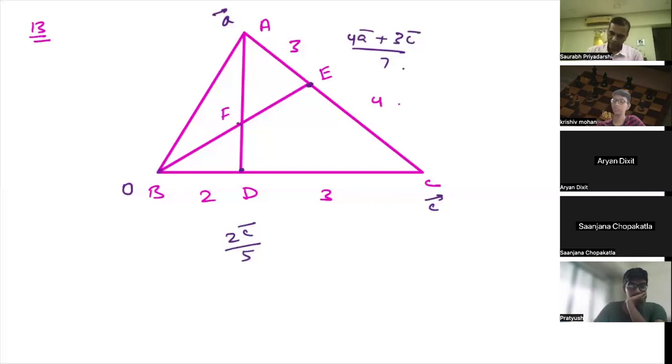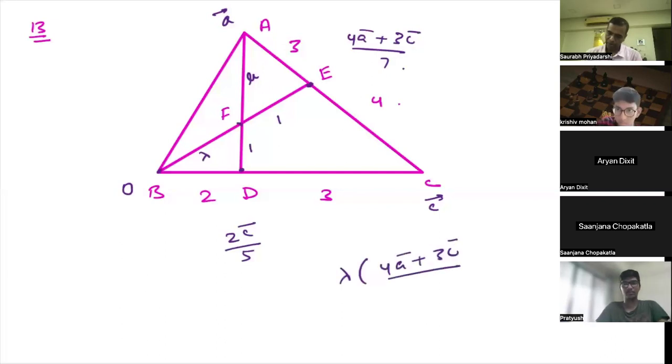Now, I'm saying this OF and FE divide in the ratio lambda is to 1, and AF and this ratio will be mu is to 1. So what is this lambda is to 1? Lambda into (4A plus 3C by 7) plus 1 into 0, by lambda plus 1.